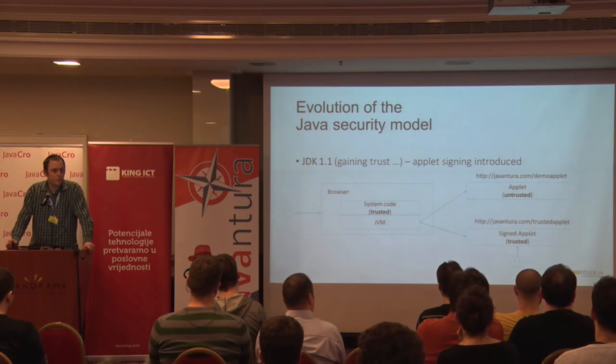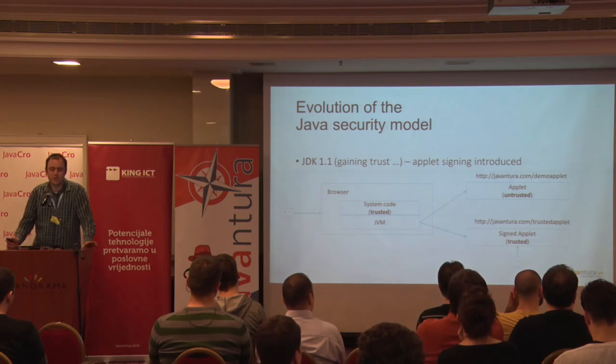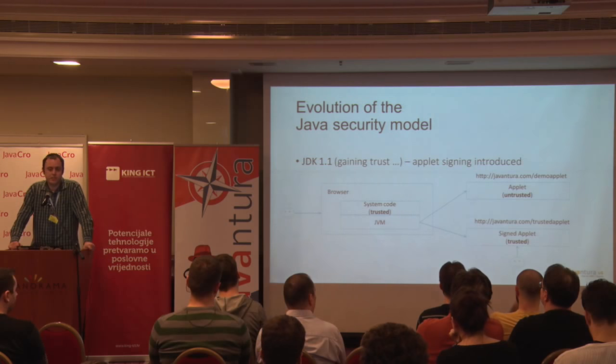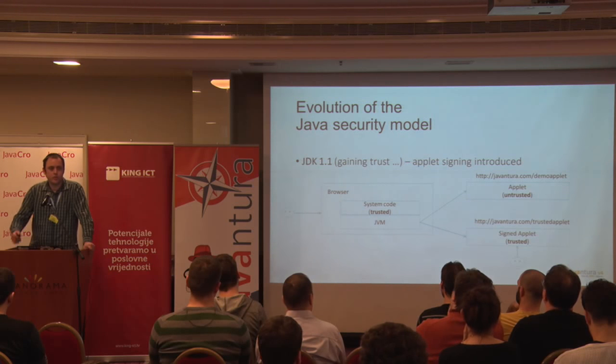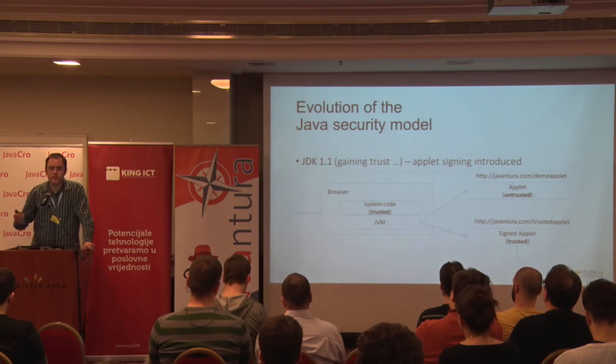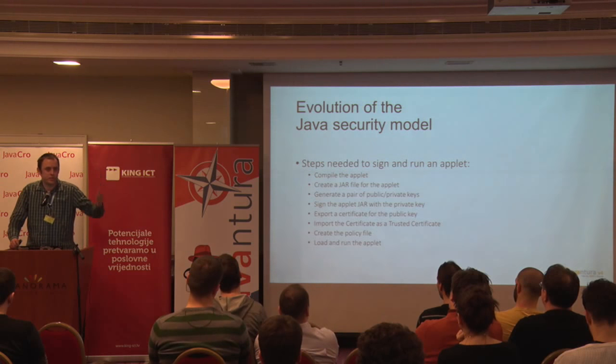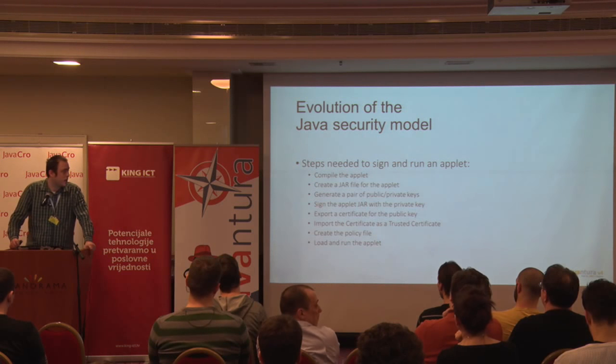So in JDK 1.1, this model was a bit tuned, and the possibility to sign applets was introduced. Applet signing means that you trust a certain set of applets, and you give them the same permissions as the JVM. So now the applets could be either trusted or untrusted. The process of signing an applet is pretty straightforward.